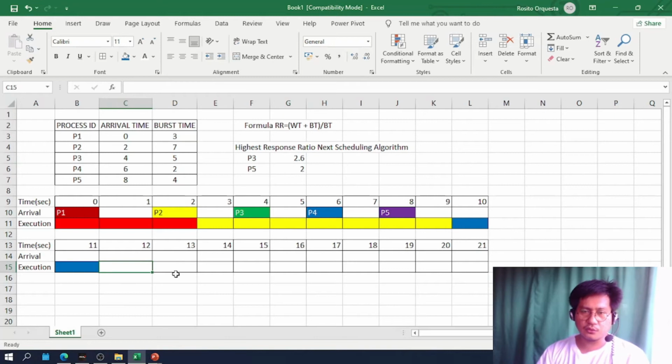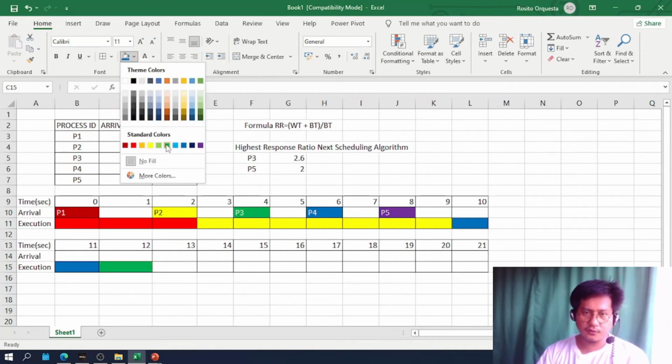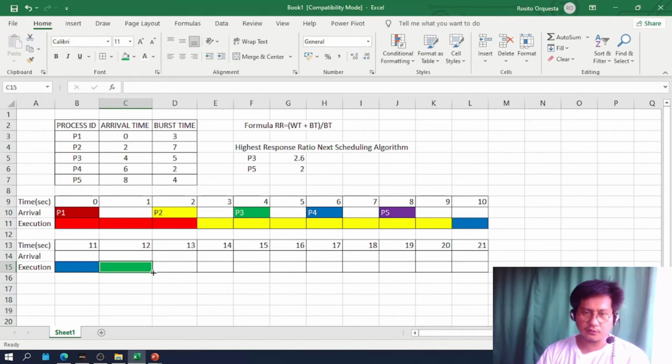So we're going to execute job 3 on the central processing unit next to P4. P3 has a burst time of 5, so we'll color this green and count up to 5: 1, 2, 3, 4, 5.